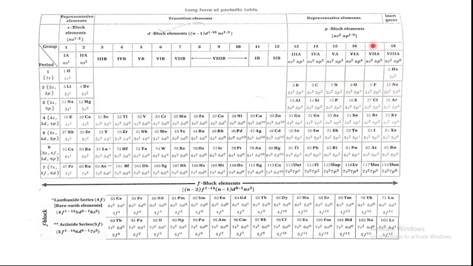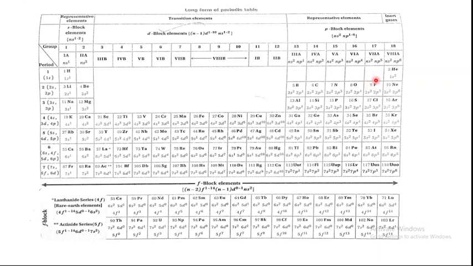They exhibit variable oxidation states or valency, and the oxidation state is both positive and negative. Along group 13 to group 17, reducing power decreases, and reducing power increases down the group.